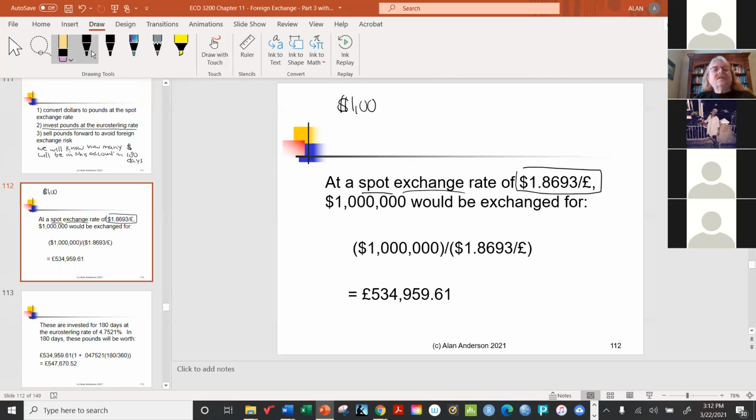We'll start with $1 million US, and we're dividing by 1.8693 per pound, which is equivalent algebraically to multiplying by the inverse of that.